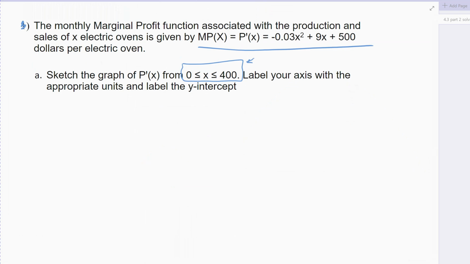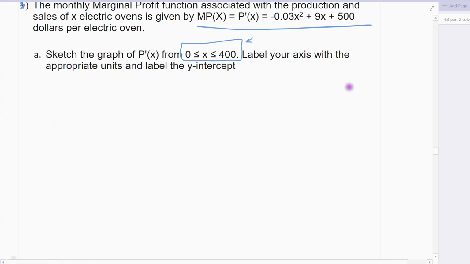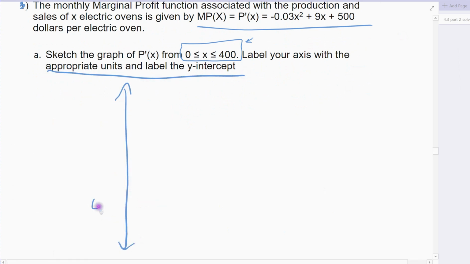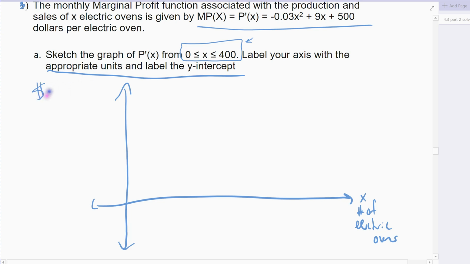Alright, so sketch the graph. Whenever you're asked to sketch the graph, at the very least, you should always label your axes with the appropriate units. You should always label your starting point. This is the x value, which is the number of electric ovens. This is the derivative, so this is the dollars per electric oven.